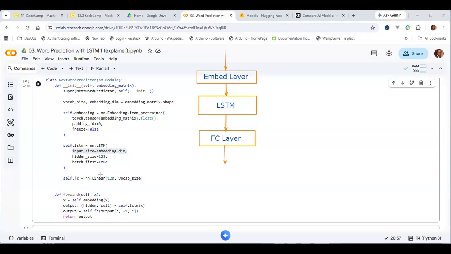So what's happening is, the input that comes into the embedding layer is going to have a shape of, let's say, batch and sequence length, right? But the sequence is just going to be the position in the vocabulary.